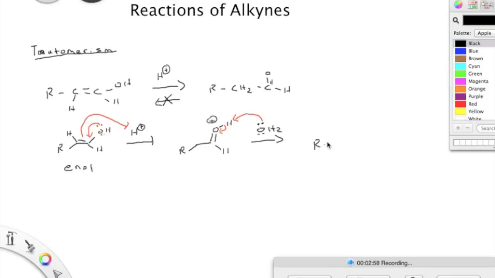This happens, like I said, with both aldehydes and ketones, and in this case, we did it under acid conditions. It can also happen under basic conditions.